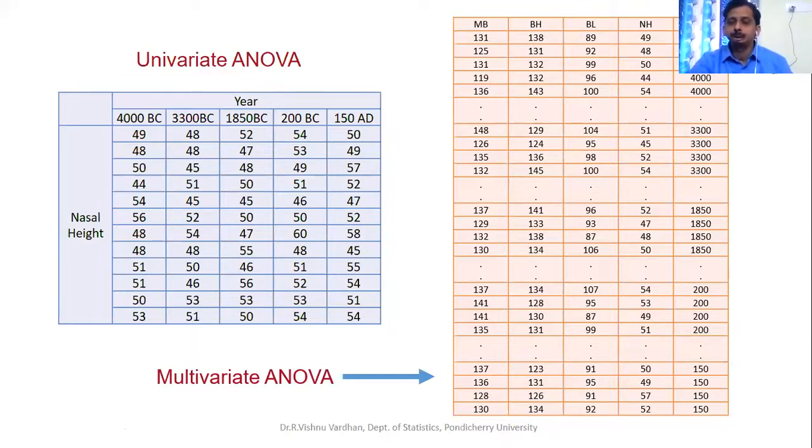Why the covariance? What do you mean by covariance structure? It is a square matrix. Suppose here we have four variables; it is a 4 cross 4 square matrix. Diagonal elements are the variances corresponding to breadth, height, length, and nasal height, and the non-diagonal elements are the covariances between breadth and height, breadth and length, and so on.